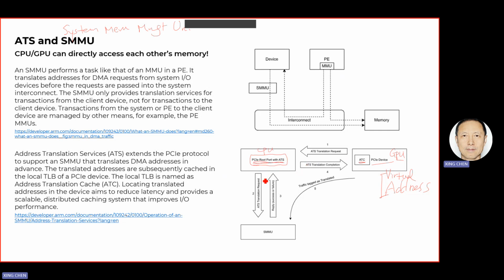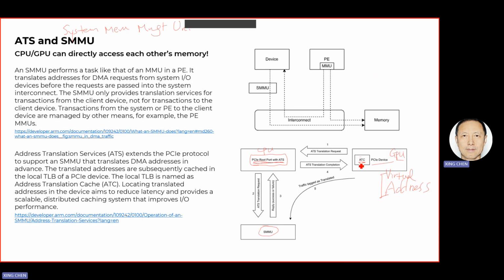And this ATS translation request will be sent to the SMU. SMU is the System Memory Management Unit. And the System Memory Management Unit is going to reply with the translation. And then the translation will be sent back to the GPU. Right now, it is going to put it here.